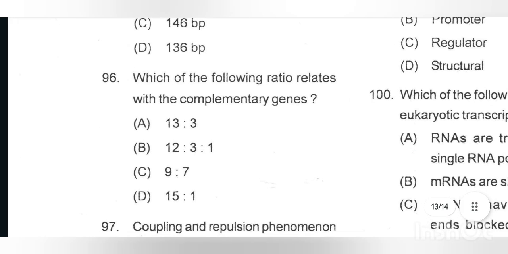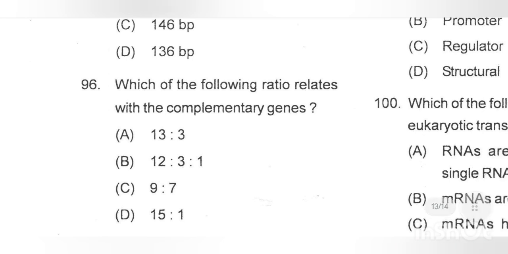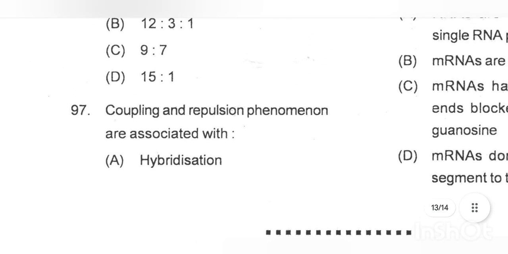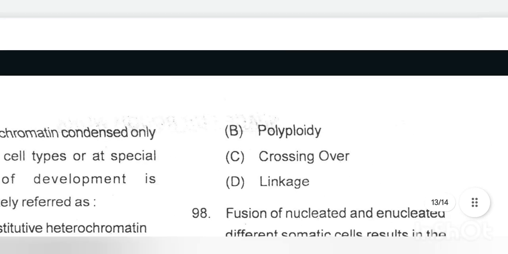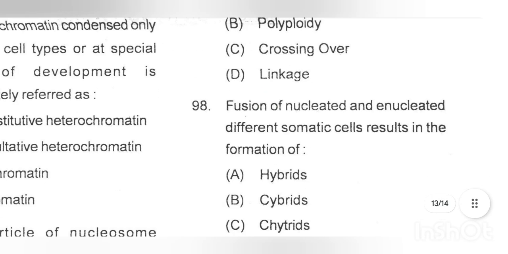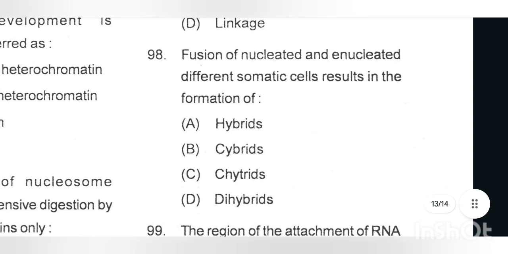Then which of the following ratio relates to complementary gene? The answer is 9:7. Option C, 9:7. Then question number 97, coupling and repulsion phenomenon are associated with, so it is associated with your linkage. Then question number 98, fusion of nucleated and anucleated different somatic cells results in the formation of hybrid.